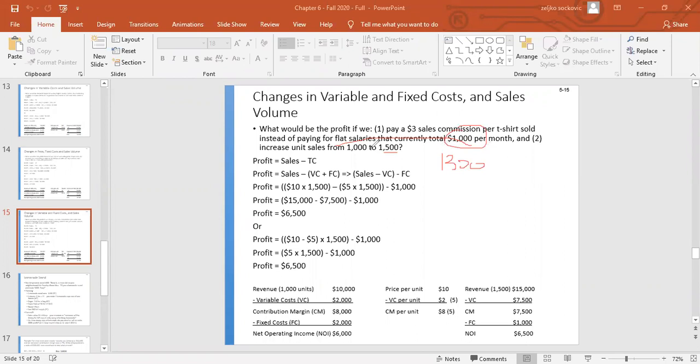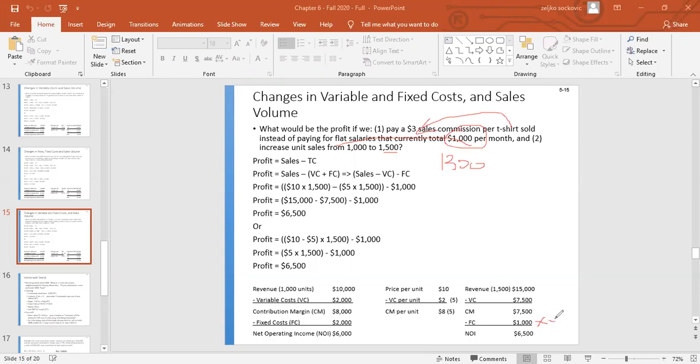Or actually, in this case, we are moving these $1,000 in this example to sales commissions, basically. Well, we're not moving these $1,000. We're just cutting them out, as you can see here, cutting out $1,000, and we will pay, instead of flat salaries, we will pay $3 in commission. So what will happen?